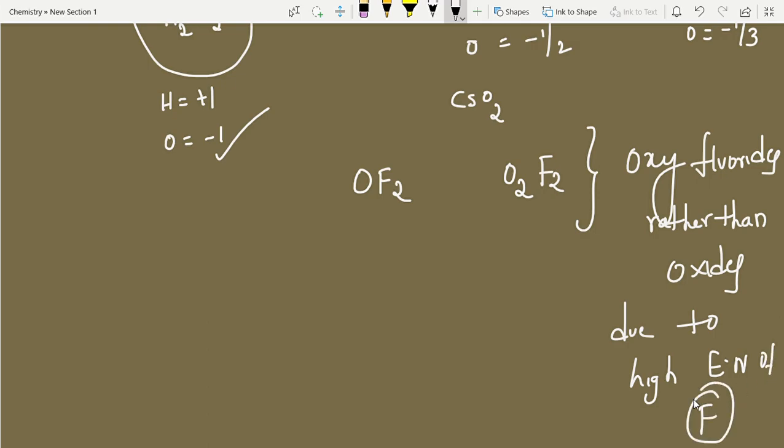Fluorine is dominating. Compounds like SO2, sulfur dioxide, and sulfur trioxide we call oxides, but here we call them oxyfluorides due to the high electronegativity of fluorine.